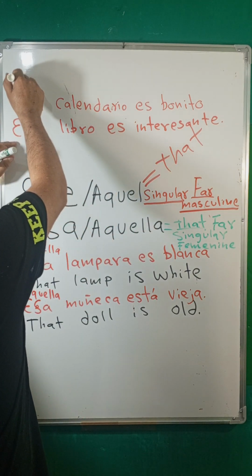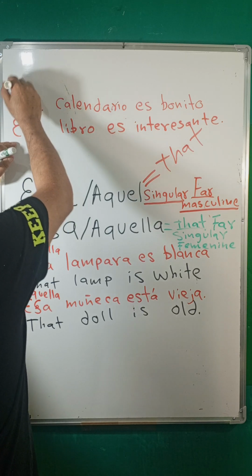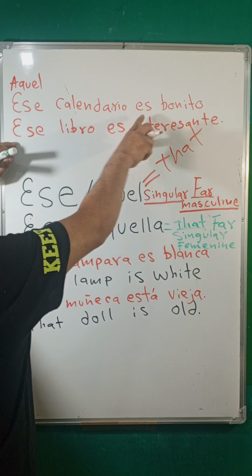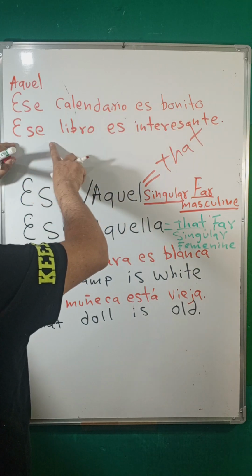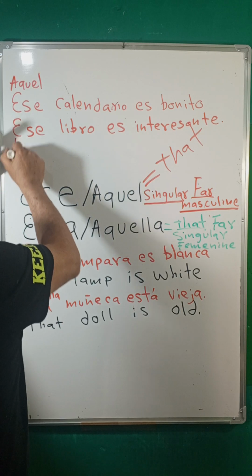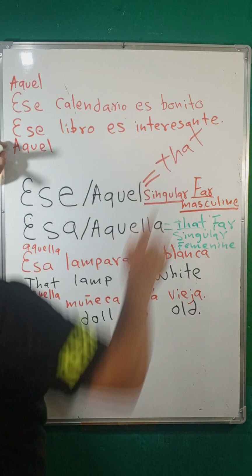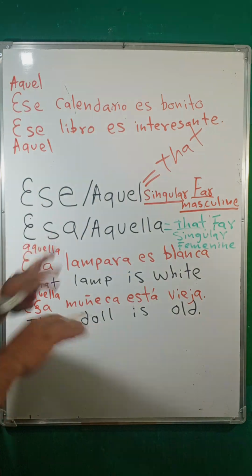It might be aquel also. Aquel calendario es bonito. That calendar is nice. Ese libro es interesante. That book is interesting. Or aquel libro es interesante. Remember that aquel and ese are the same.